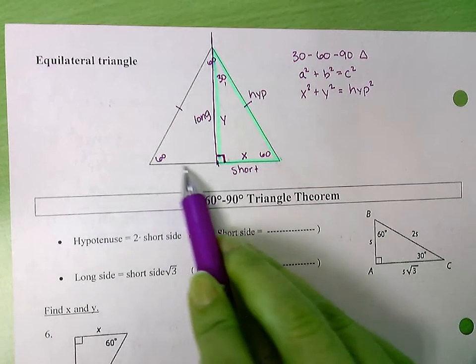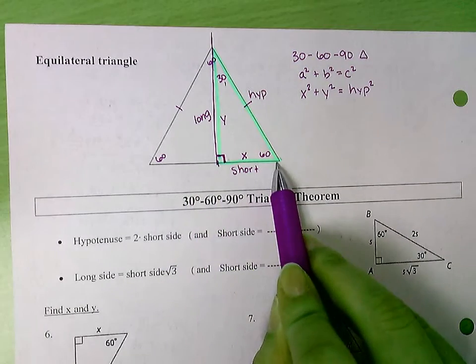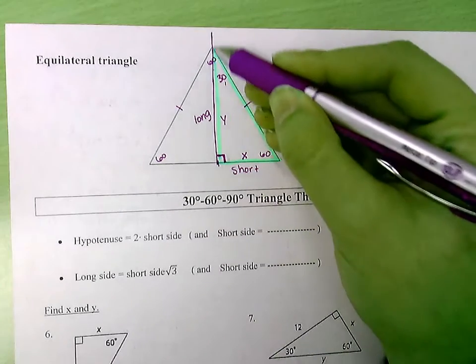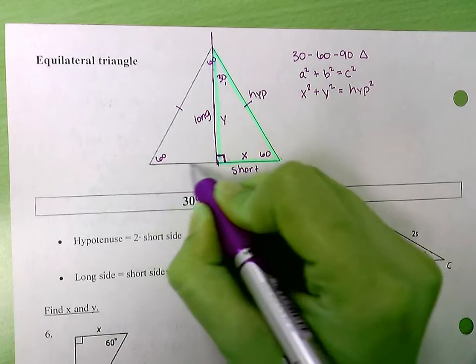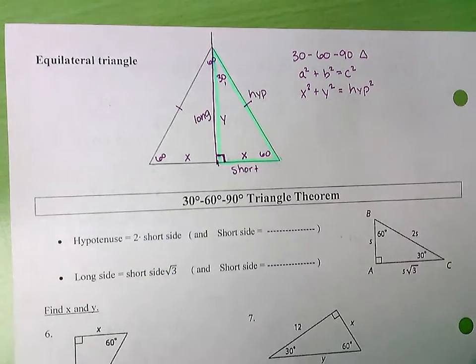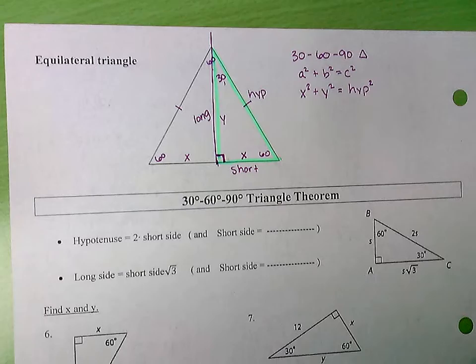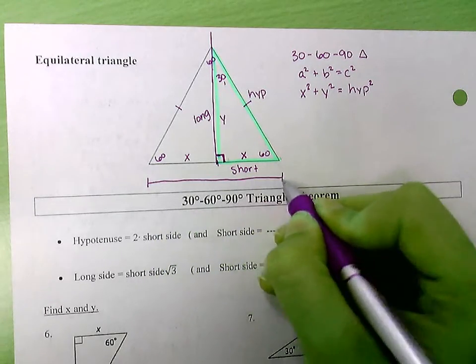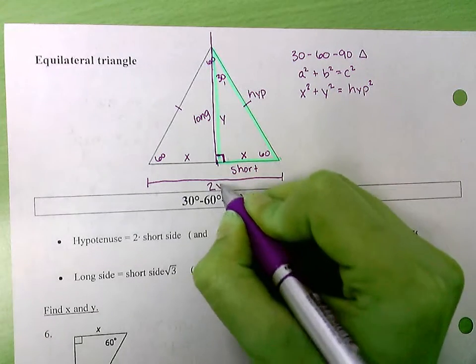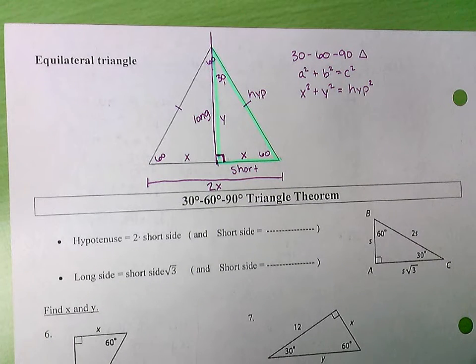That would be the same length as this side, right? Now, since I split this into two right triangles, wouldn't this length right here also be considered x? Right? Now, this whole length here would be 2x. Okay, I just added those two sides together.